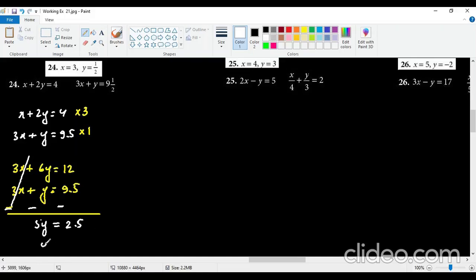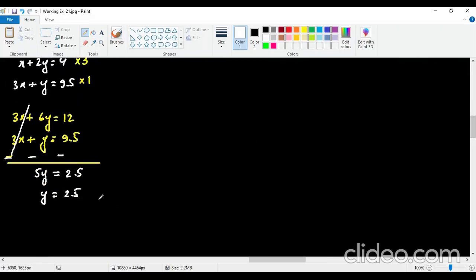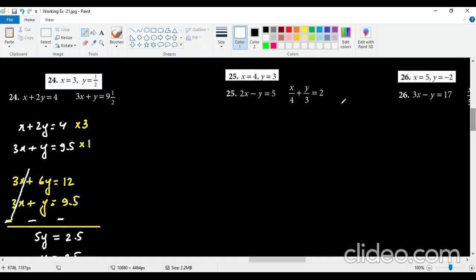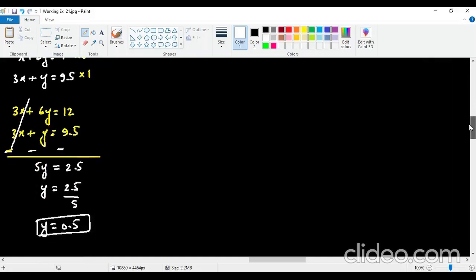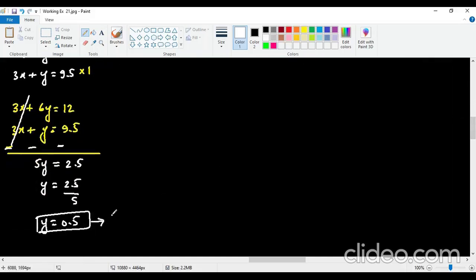When 2.5 is divided by 5, it gives us 0.5. So the value of y is 0.5 or 1 over 2, both are the same. You may write 1 over 2 also.